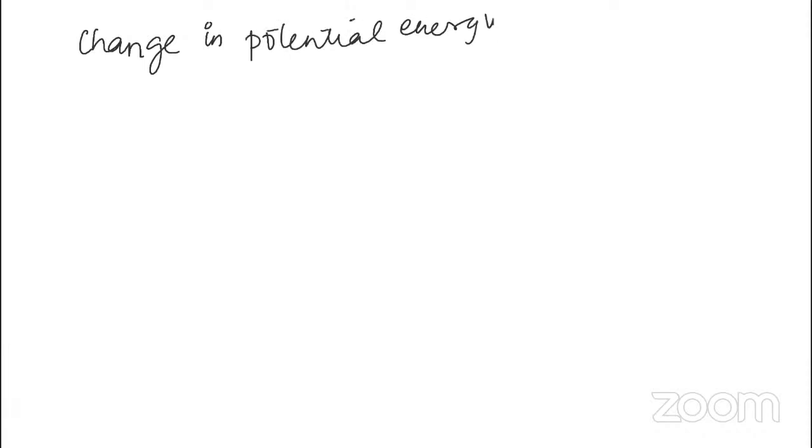So what is the formula for this? It is the change in potential energy, that is delta U is equal to UF minus UI. What is the value of UI and UF?